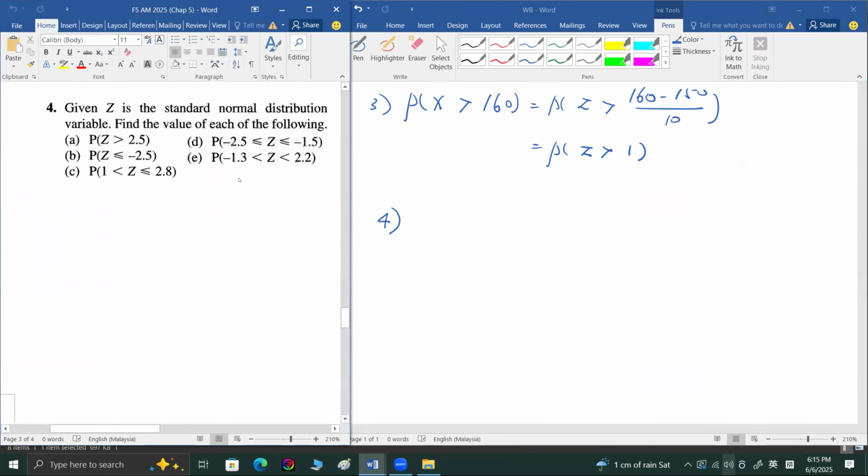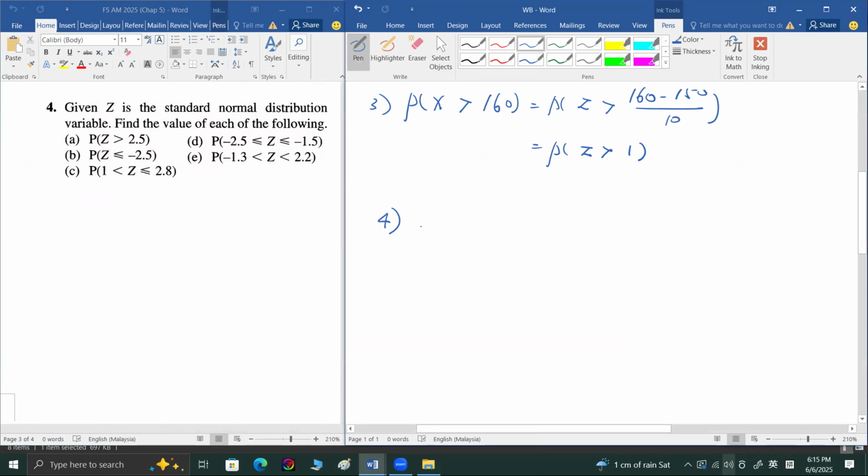Okay, now look at question 4. I'll go a bit slow. So for A, I'll show you by using calculator, but I still need to show you how to sketch. When it says Z, you can get it directly from a calculator. If it's not Z, it's X. The question will give you the mean and standard deviation for you to change to Z. Once changed to Z, we can use this to find with the calculator.